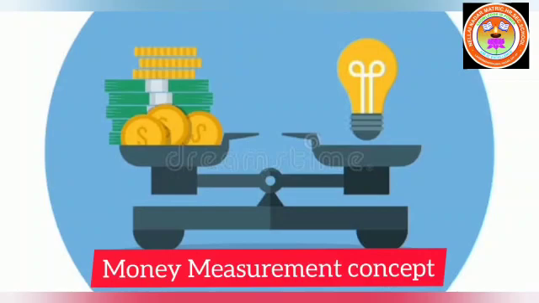Therefore, it is recognized by all accountants that this concept has its own limitations and inadequacies. Yet it is used for accounting purposes because it is not possible to adopt a better measurement scale.